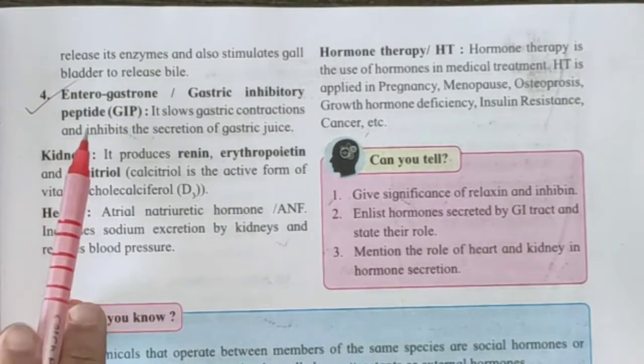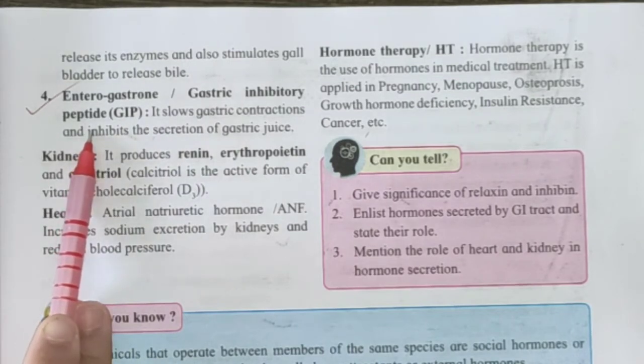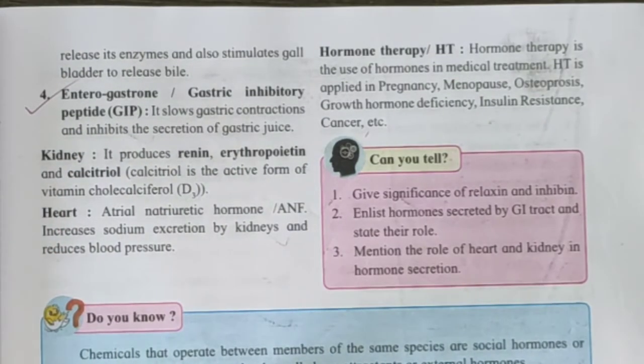And last is enterogastrone or gastric inhibitory peptide, that is GIP, and it balances the concentration of gastric juices along with the secretion of gastric juices.